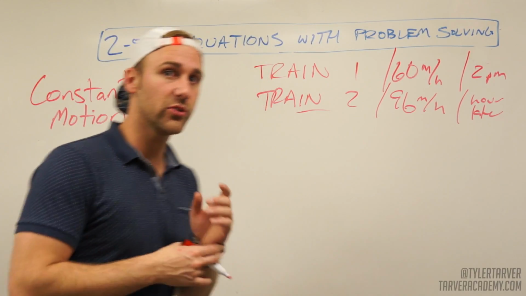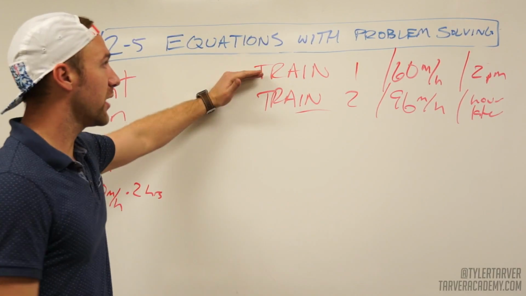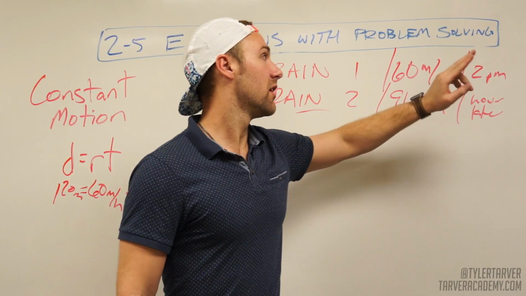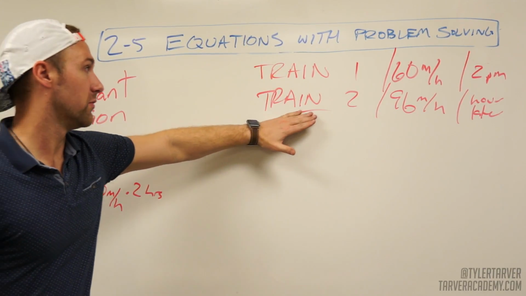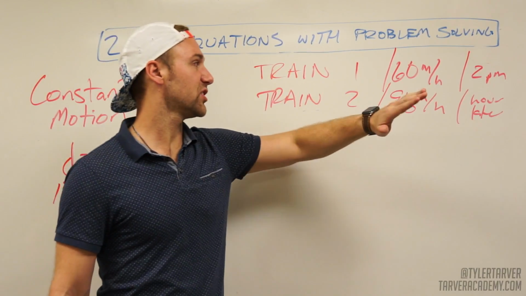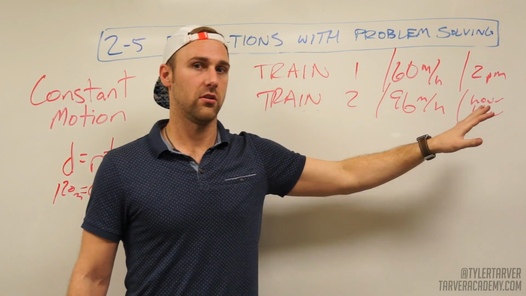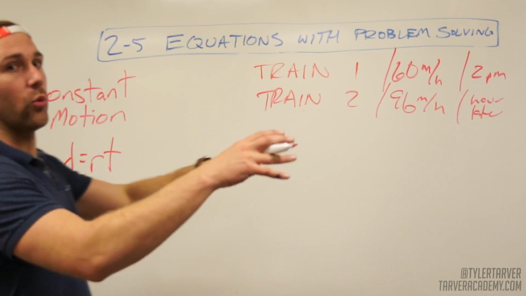Now, this is the example question, and this is how to solve it. Train 1 leaves the station going 60 miles per hour and leaves at 2 p.m. Train 2 leaves the station going 96 miles per hour and leaves an hour later than the other train. I want to know when they're at the same distance.